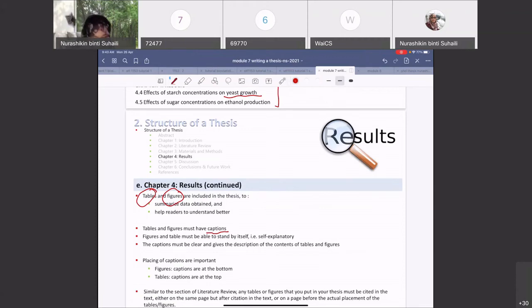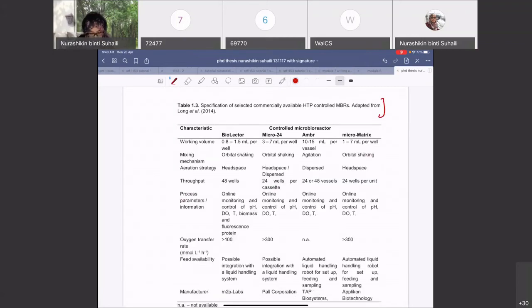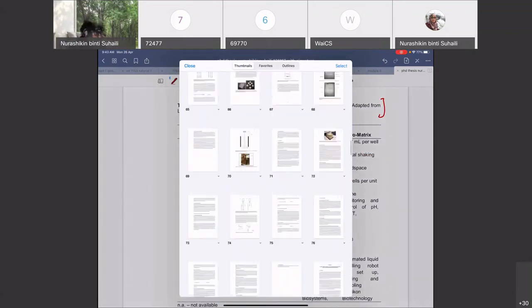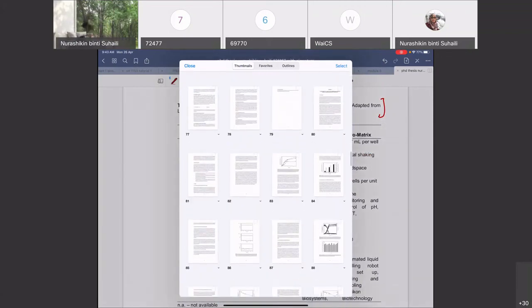Okay, let me show you an example of what is meant by results alone. If I show back my thesis over here, let's have a look here.